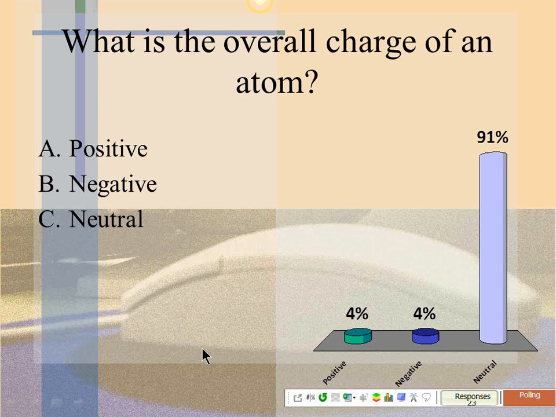Yes, the overall charge is neutral because the protons and electrons, the electrons being negative, are equal in number. So the overall charge of an atom is neutral, whereas the nucleus, which has only protons, is positively charged. Okay?